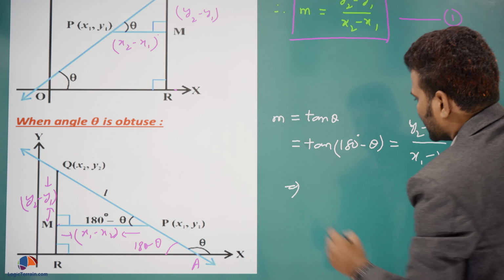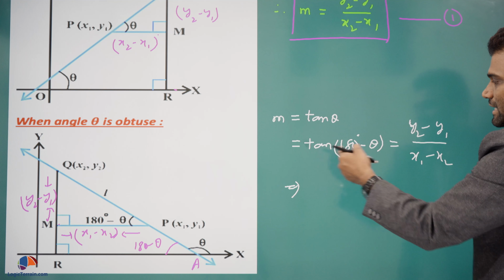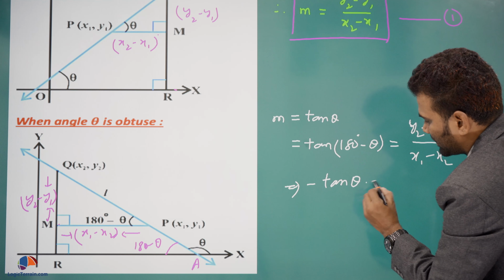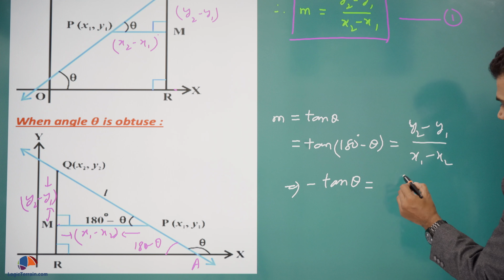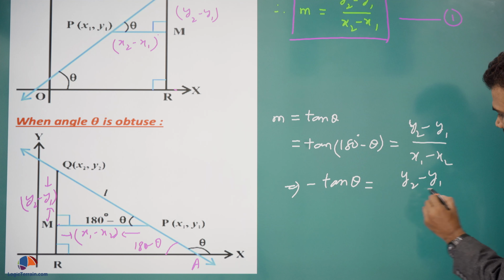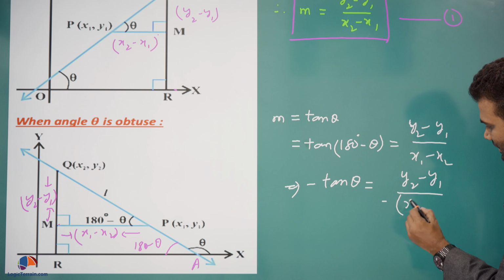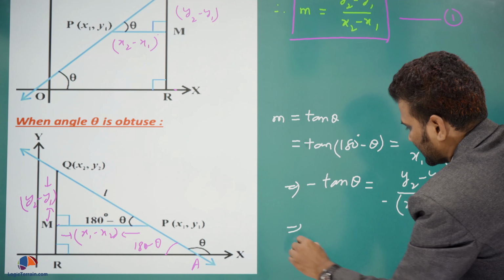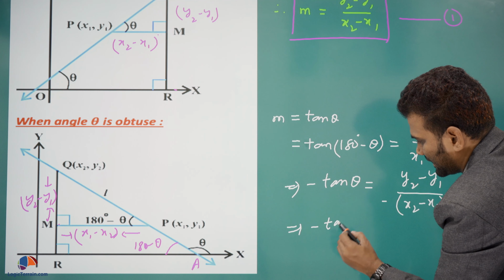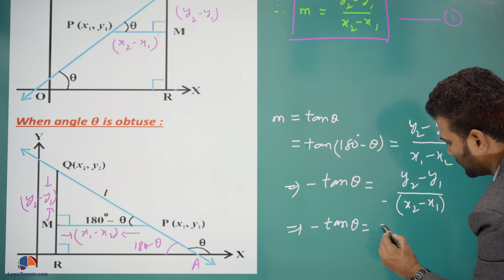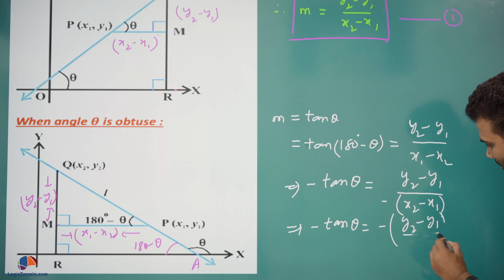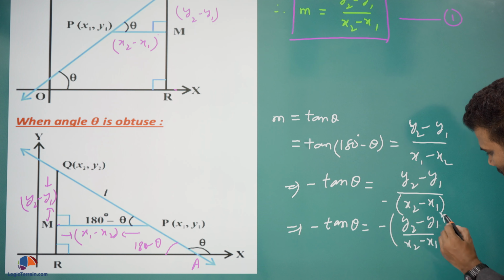We can rewrite tan of 180 minus theta as minus tan theta, and this as y2 minus y1 upon minus of x2 minus x1. So minus tan theta equals minus of y2 minus y1 upon x2 minus x1.